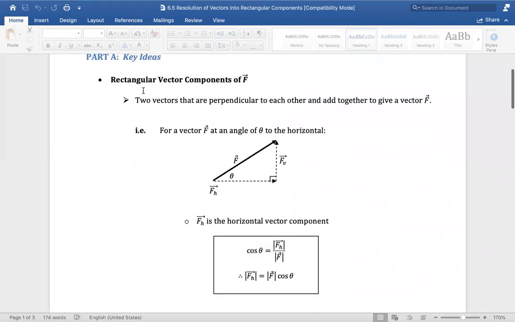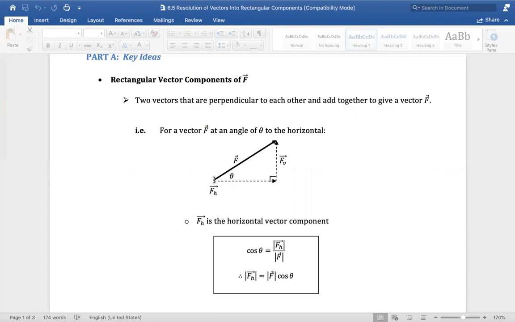Some key ideas: rectangular vector components of, we're just going to call it vector F, because it will have a force associated with it. So we're taking vector F and breaking it up into two components. These two vectors are perpendicular to each other, and added together, they are going to give you vector F. So kind of like the head to tail method, right?